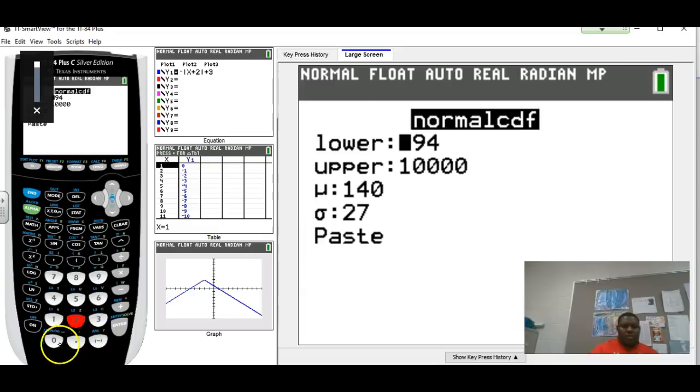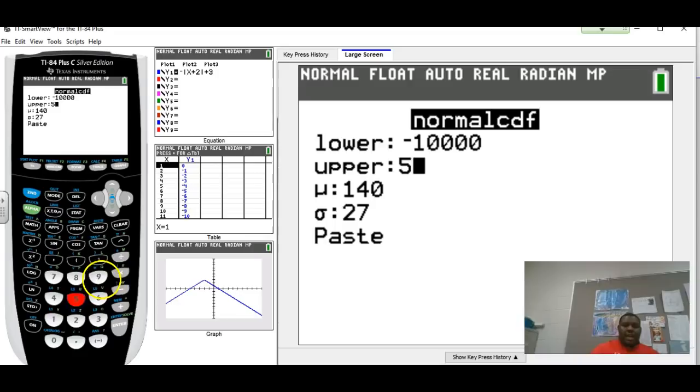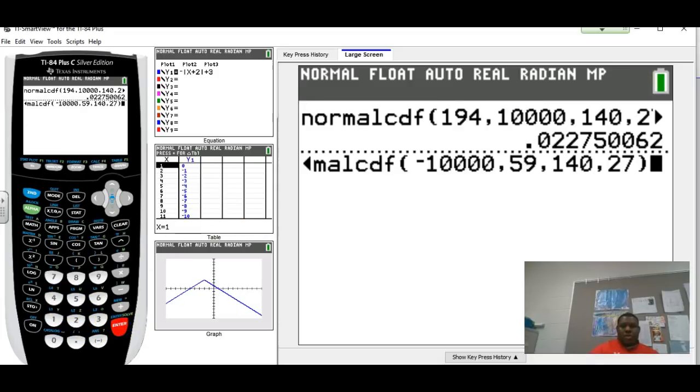And the minimum, we'll pick something significantly less. I know some of you guys went, why negative 10,000? Just pick a number. You are free right here. Pick a number that is significantly less than 59, because remember, x is less than 59, so 59 is the upper bound. And again, mu is 140 and sigma is 27.